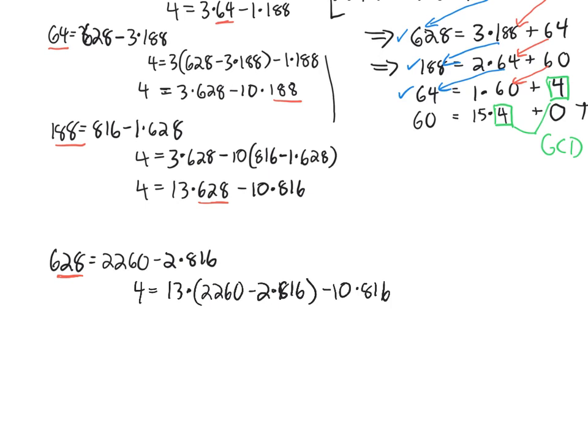And we just simplify. We see how many 2260s and how many 816s we have. So we have 13 times 2260. Here we have 13 times 2 is 26, so it's negative 26, minus 10 is minus 36 816.